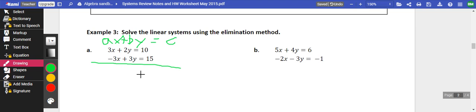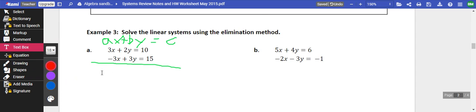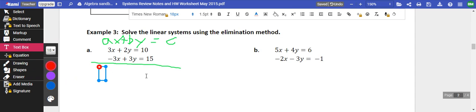So these are lined up correctly. So we're going to just add straight down. Negative 3x and negative 3x is 0. 2y and 3y is 5y equals 15 plus 10 is 25.